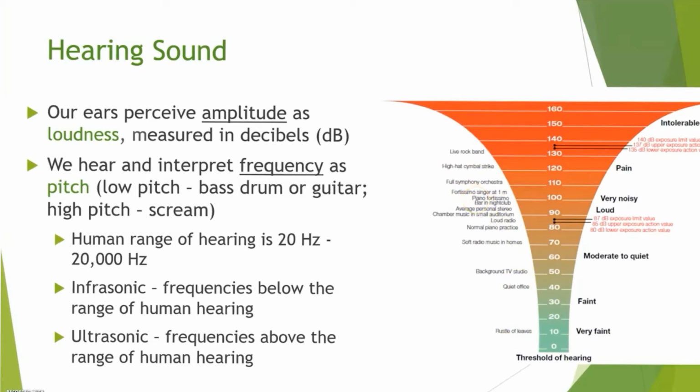It's important to protect your ears from loud, sustained noises. A rock concert at 135 decibels is right near the exposure limit that becomes intolerable and can do damage to your ears. So be careful with that.